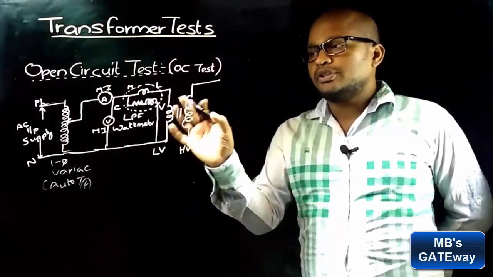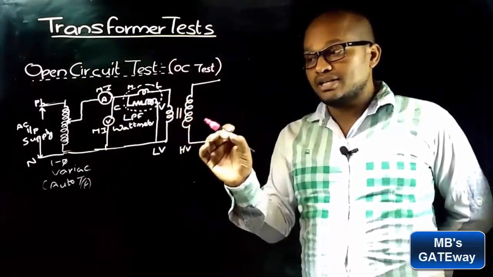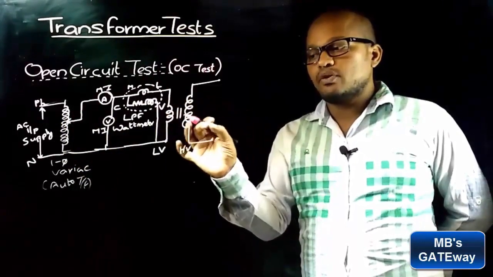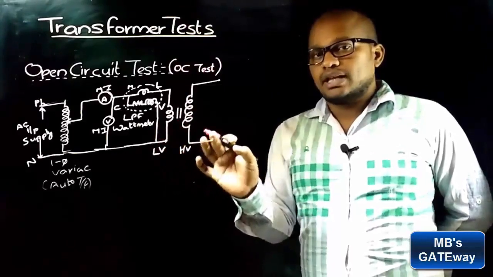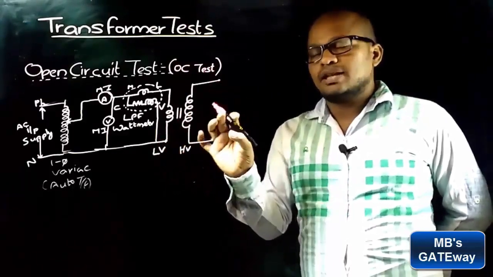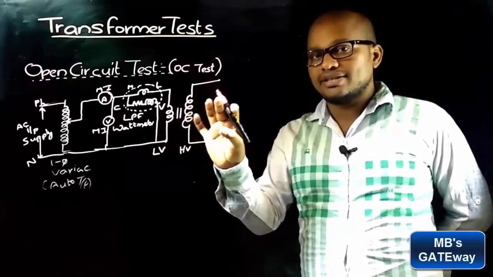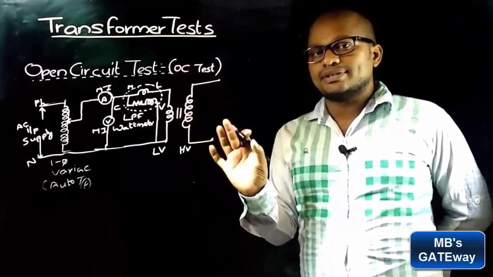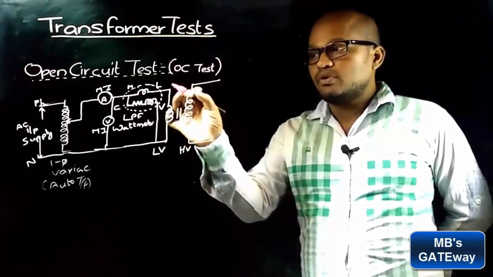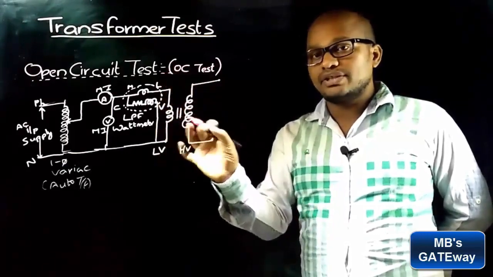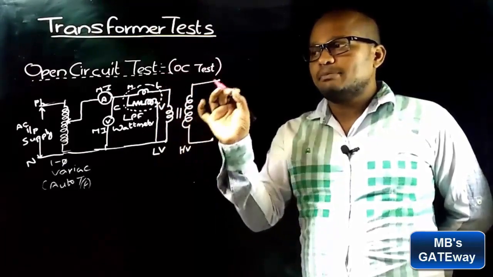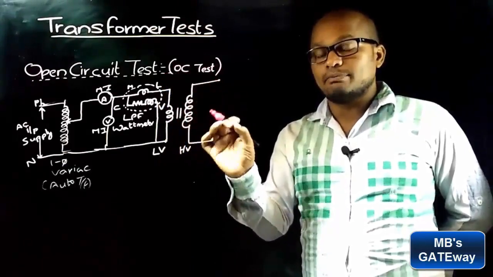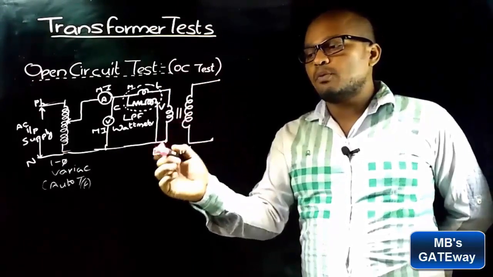Here the important point that you must keep in mind is that the OC test is preferred to be performed on the LV side of the transformer and HV is left open. As one side of the transformer is left open, this test is called the open circuit test. This test is preferred on the LV side, meaning it can be performed on any side of the transformer, but it is preferred on the LV side.